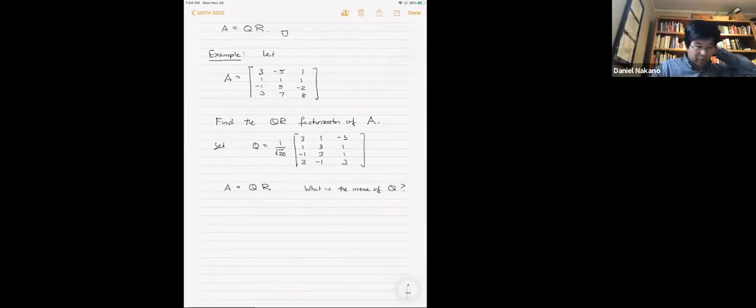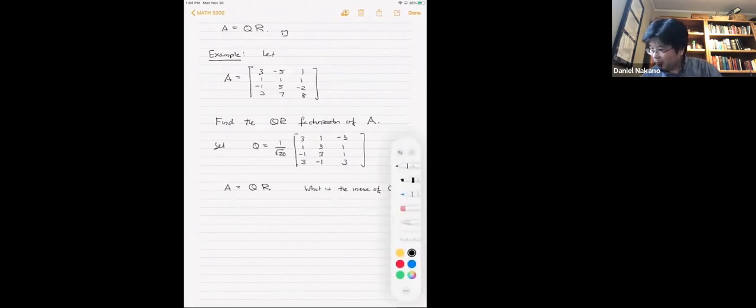Isn't it impossible to find the inverse because it's not an n by n matrix? Sorry, I have to be a little bit careful. You're right. It's not an n by n matrix.